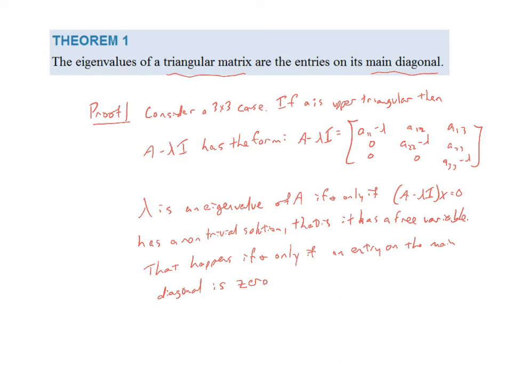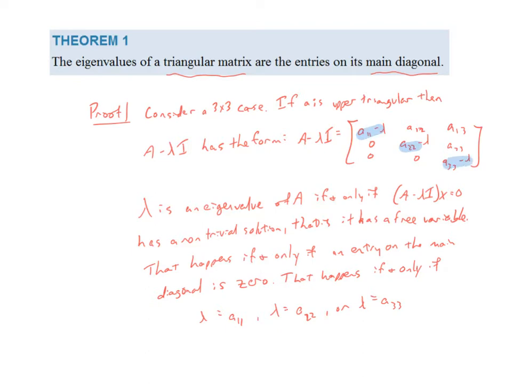And then when does that happen? This happens if and only if lambda equals A11, lambda equals A22, or lambda equals A33, and that just comes from setting those diagonal entries equal to 0.